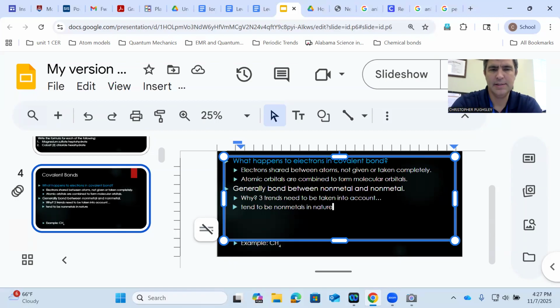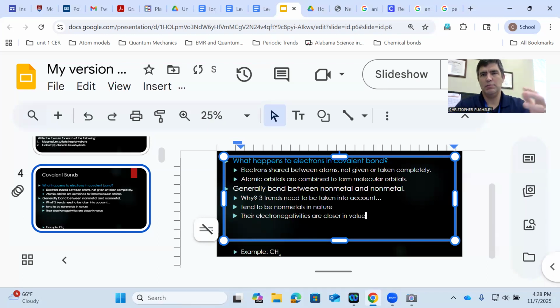Another tendency is that their electronegativities are a little bit closer in value. That means they have equal pull on those electrons. They both want the electrons somewhat to some degree, and therefore they're going to have more equal pull, so they're going to share them.